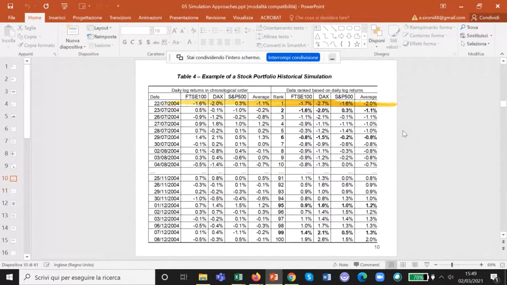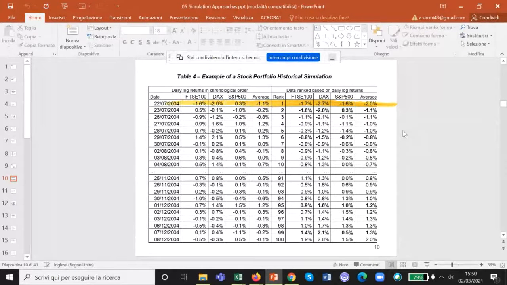Now, we could compare. People who argue in favor of the historical simulation approach say it is much better because it's taking into account what really happens in market factor returns. And because there are fat tails, by using historical data, you capture the fat tails.